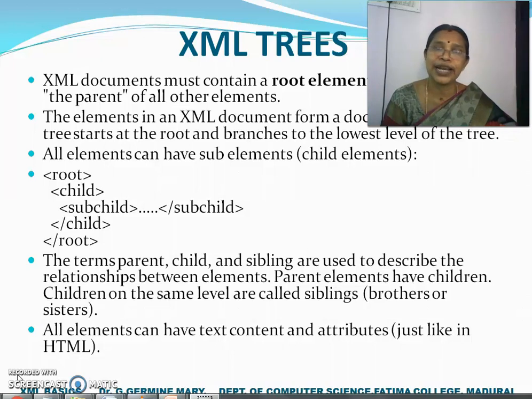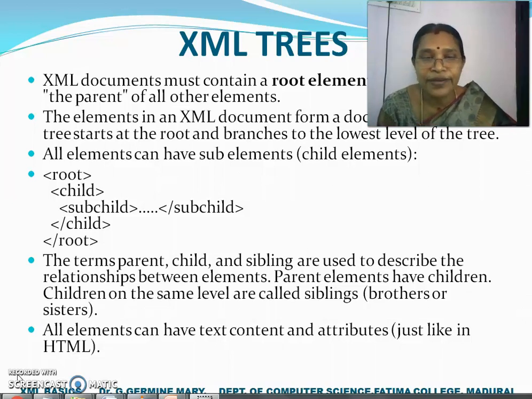Any number of child elements can be present in the root element, and every child element can have any number of subchildren. The terms parent, child and siblings are used to describe the relationship between elements. Parent elements have children. Children on the same level are called siblings.